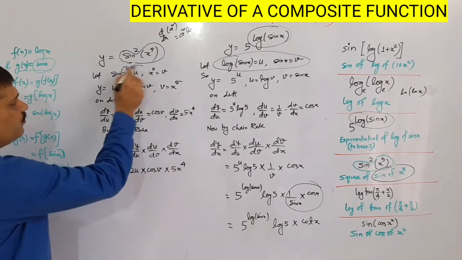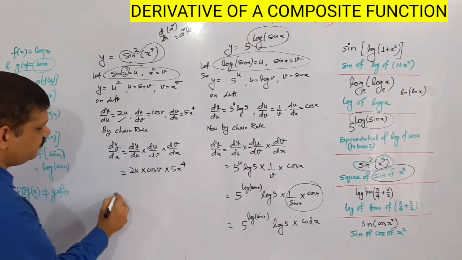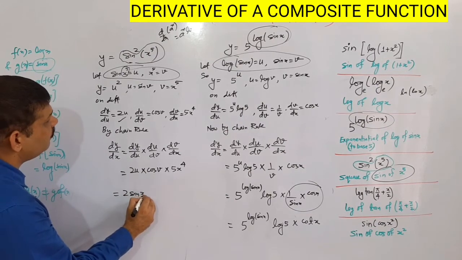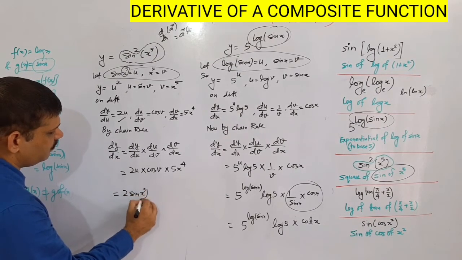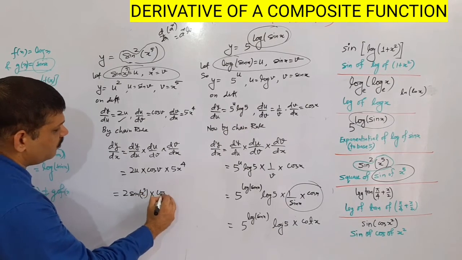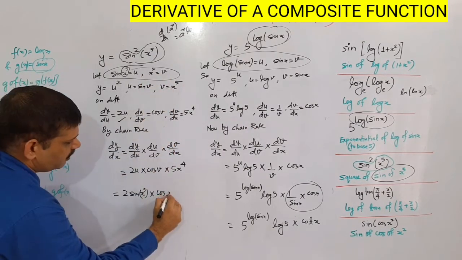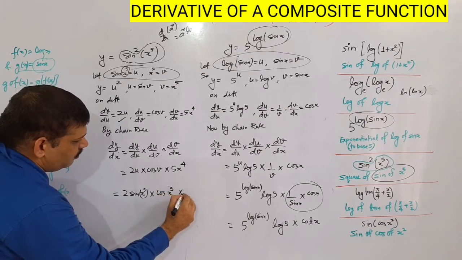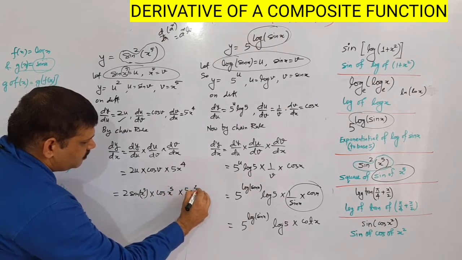Now putting in the values of u and v, 2 times sine of x raised to 5 into cos of x raised to 5 into 5x raised to 4.